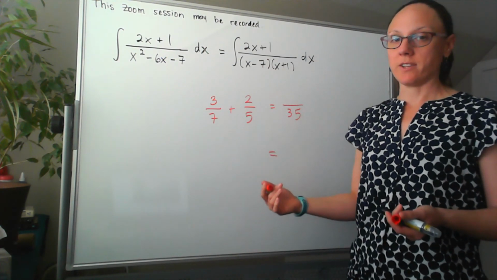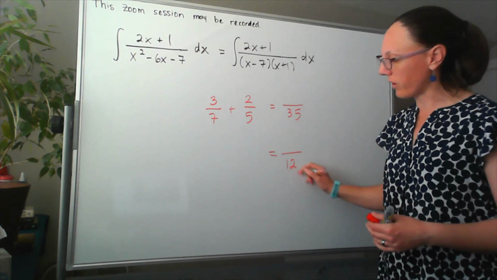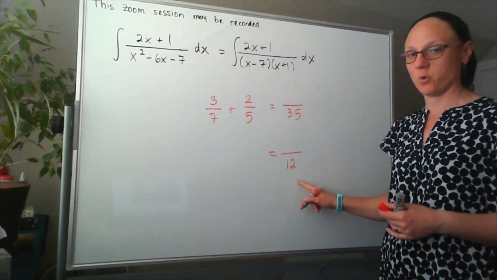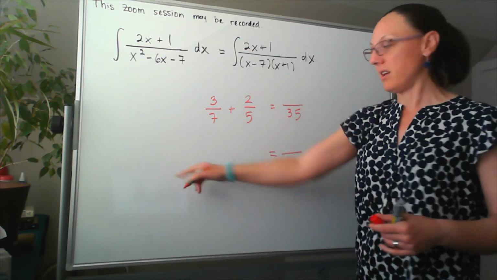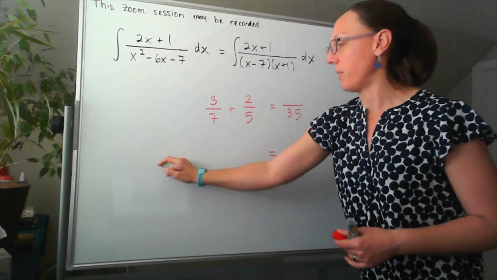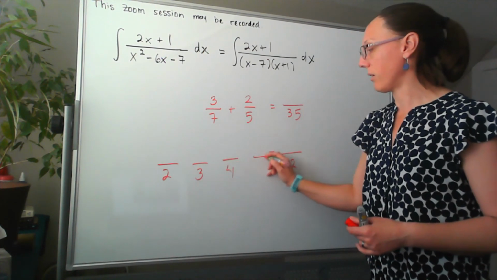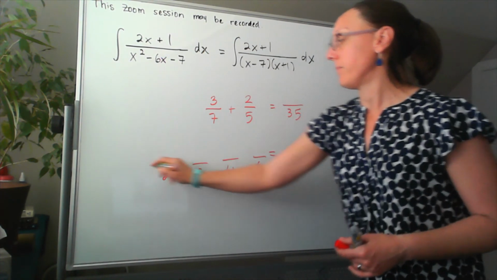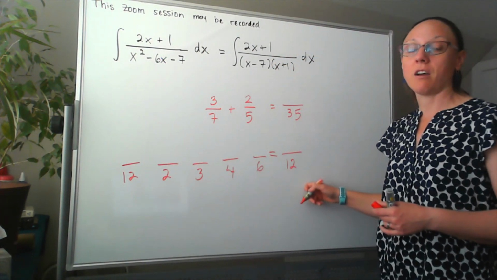What partial fractions is doing is saying, well, what if I know that over here my common denominator is 12? What were my possible fractions back here? So my possible denominators were 2, or 3, or 4, or 6, or 12. All of the factors of 12.